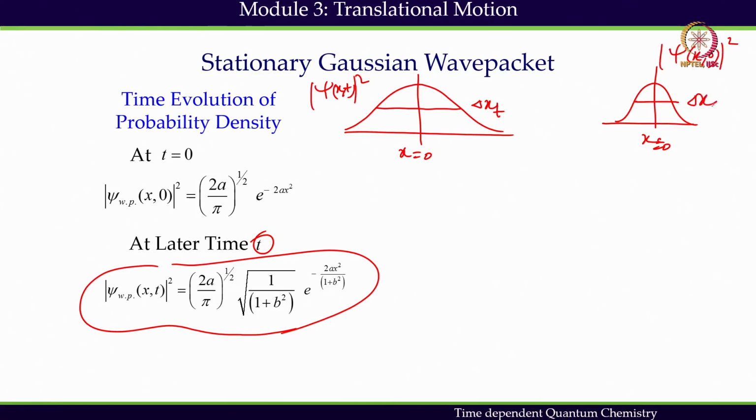This was delta x naught. So I started with delta x naught. I will check what is going on with delta x t after the time evolution for t time.